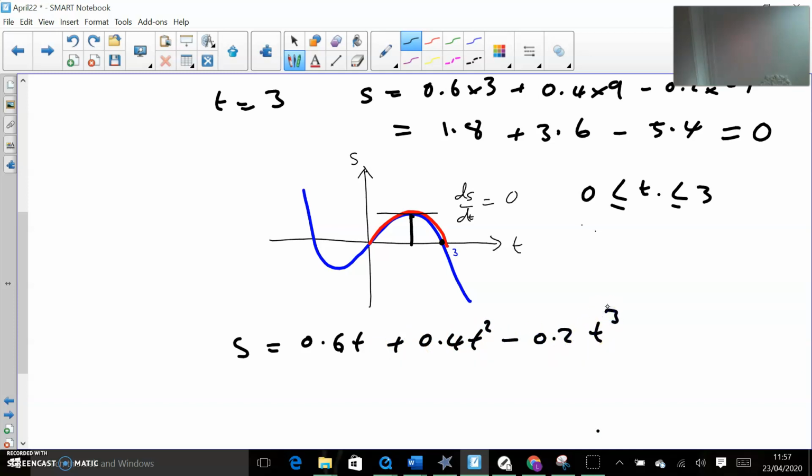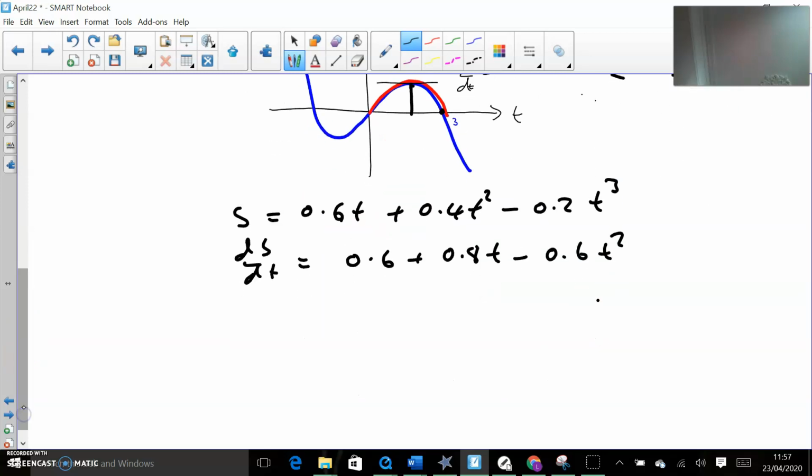So we differentiate. ds by dt is 0.6 plus 0.4t squared, so we have 2 times 0.4, which is 0.8t, and t cubed differentiates to 3t squared, so 3 times 0.2 gives you 0.6t squared.